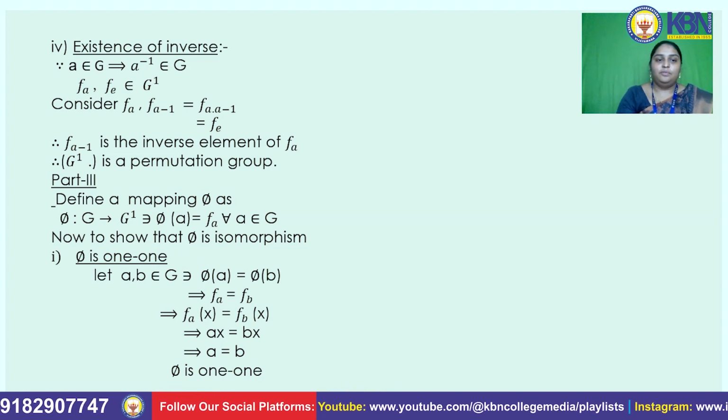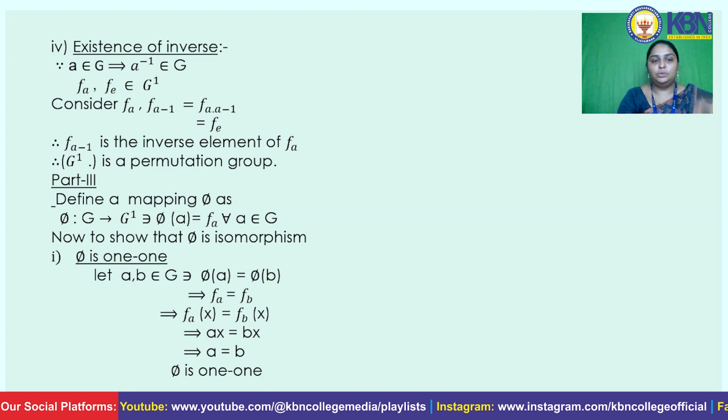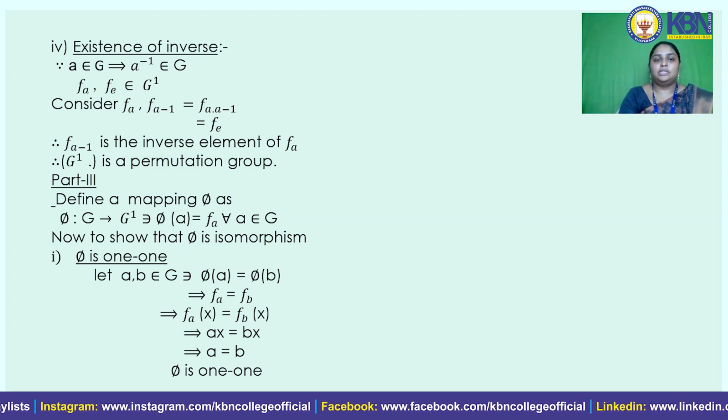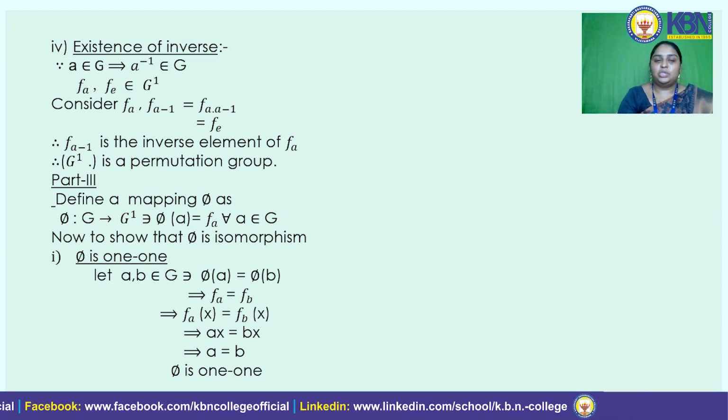That is, we have to say that this mapping phi is 1-1, onto and homomorphism. For that purpose, we are defining a mapping phi from G to G' such that phi of a is equal to f_a for every a belonging to G.